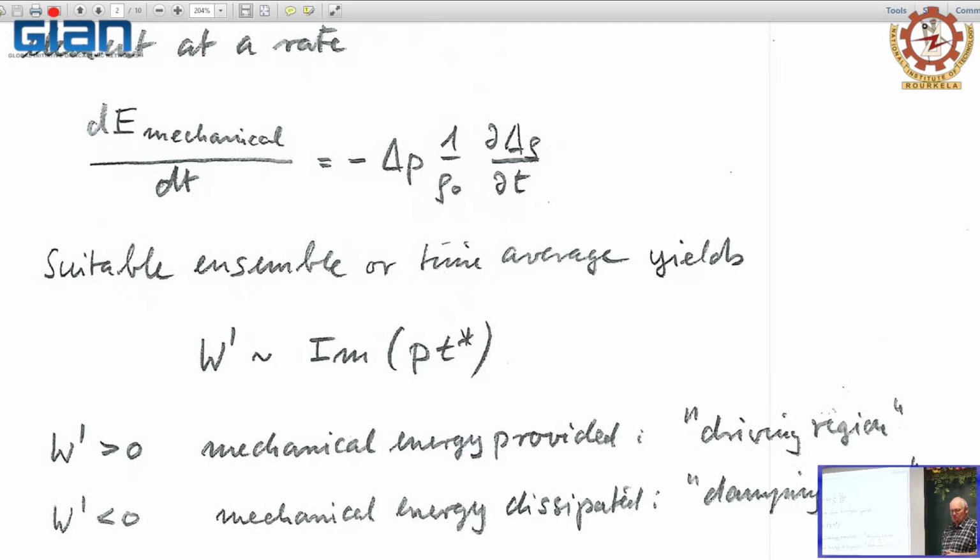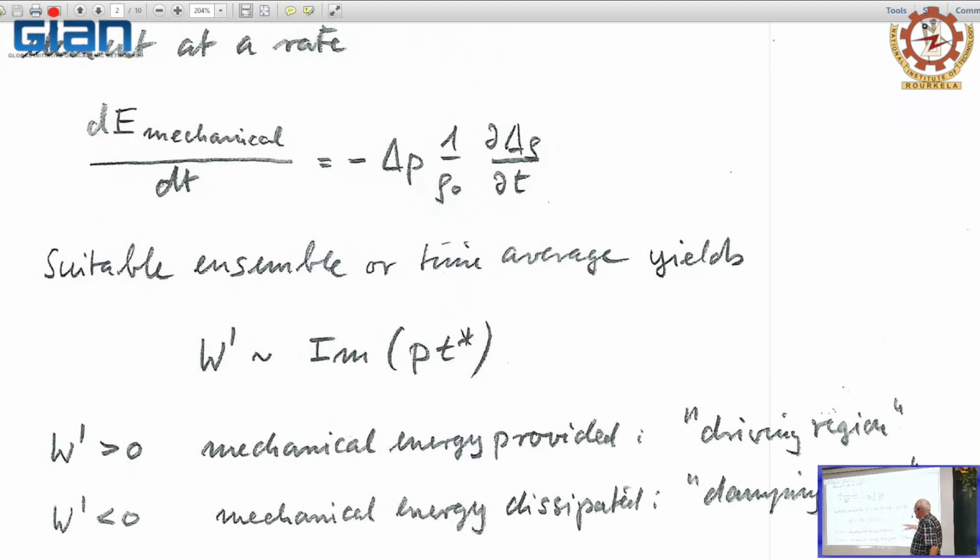This is a damping region, which leads to a damping of the oscillation. This, of course, is the normal case. Usually, energy is dissipated and taken out of the pulsation. That means the mode is damped and its amplitude decreases, and ultimately you end up with the hydrostatic model you started from.